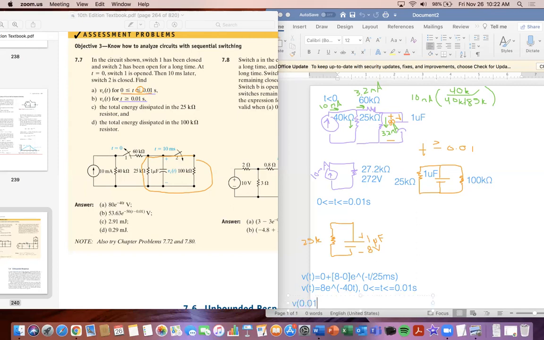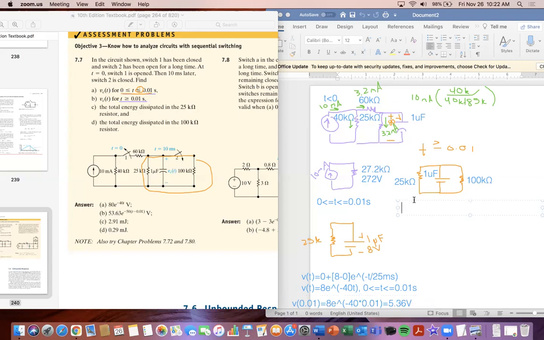So V of 0.01 is going to equal 8e to the negative 40 times the time, which would be 0.01. What I get here, 8e to the negative 40 times 0.01, I got 5.36 volts. Okay, so I got 5.36 volts here at time 0.